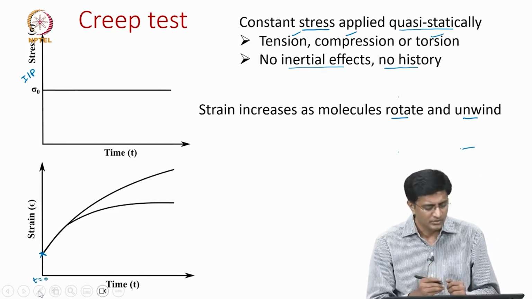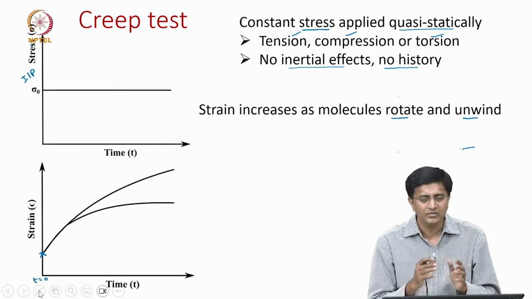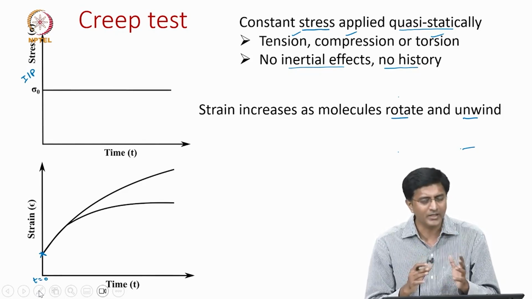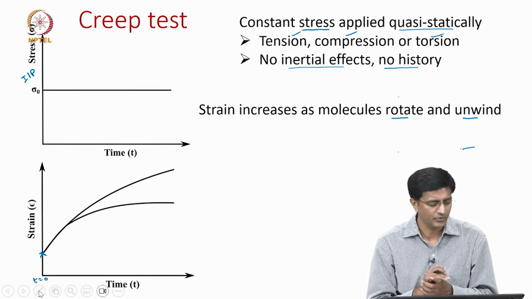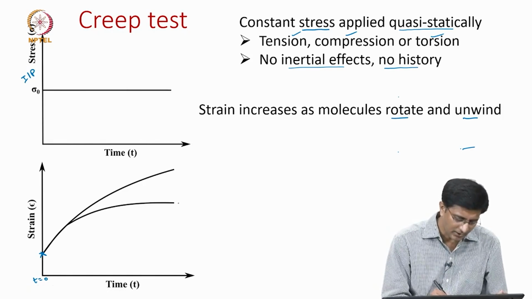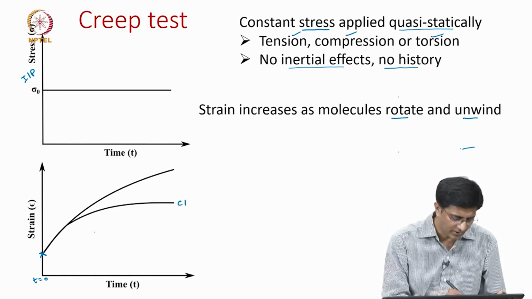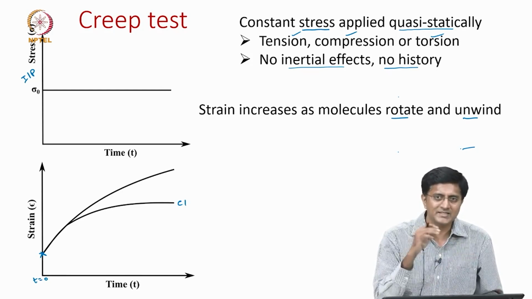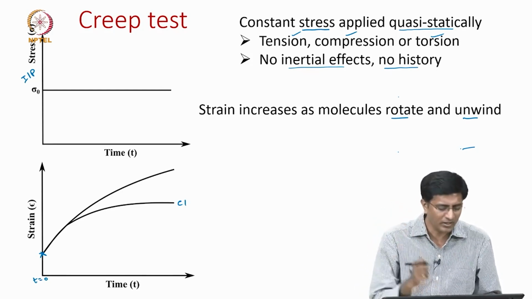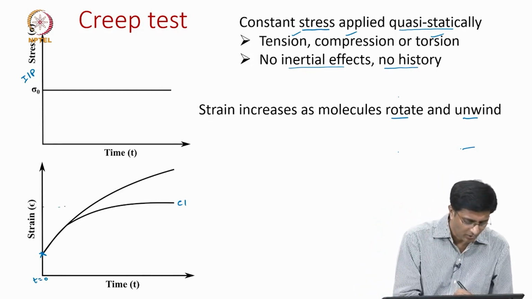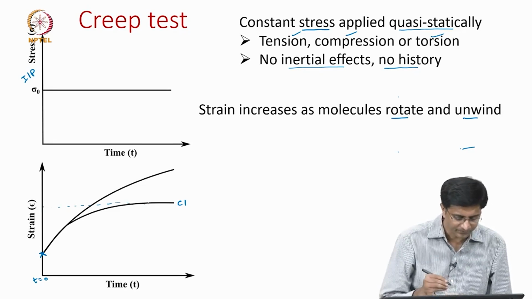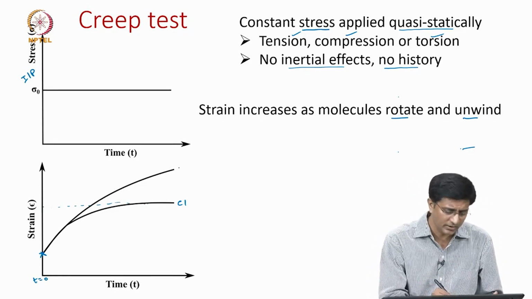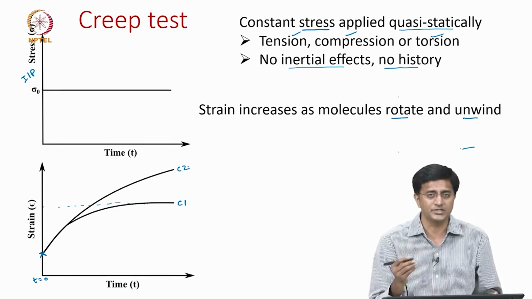Okay. So, as we wait, we said the strain increases, but now again there are two possibilities. Either the strain response can take this curve 1, meaning that the strain increases and reaches a constant value at long times, or there is another possibility that the strain keeps increasing.